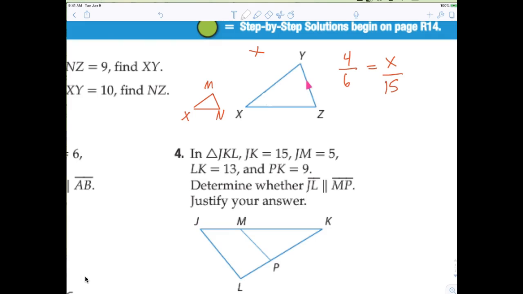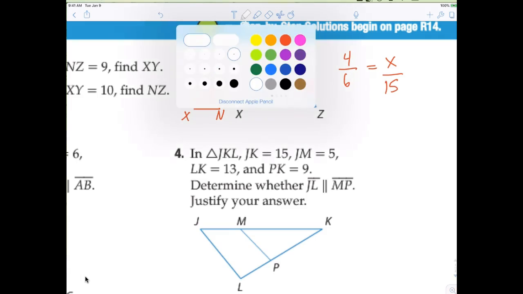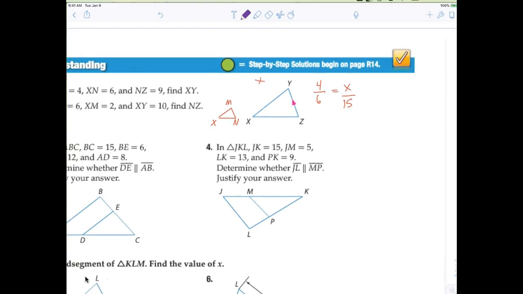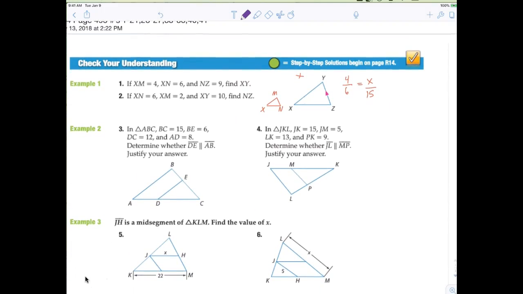So now we have it back to normal. It says XM is 4, and then it says XN is 6. NZ, from here to here, is 9.